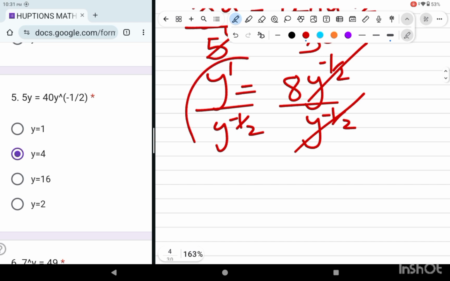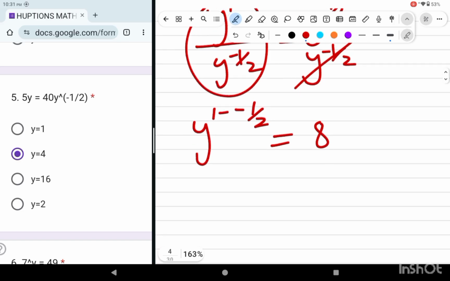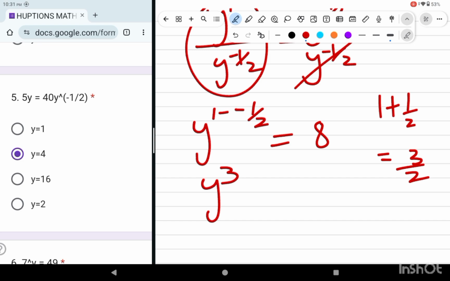Now, using division law, the left hand side becomes y raised to power 1 minus minus 1 over 2, which is equal to 8. If we simplify 1 minus minus 1 over 2, it becomes 1 plus 1 over 2, which is equal to 3 over 2. Now rewrite as y raised to power 3 over 2 equals 8.